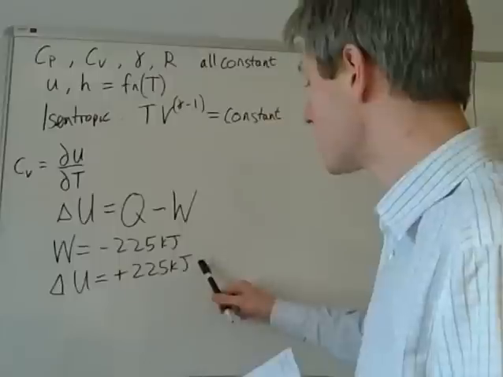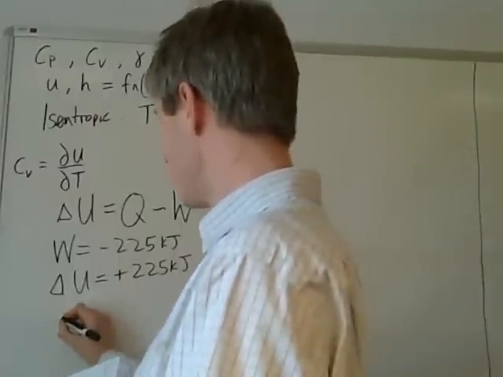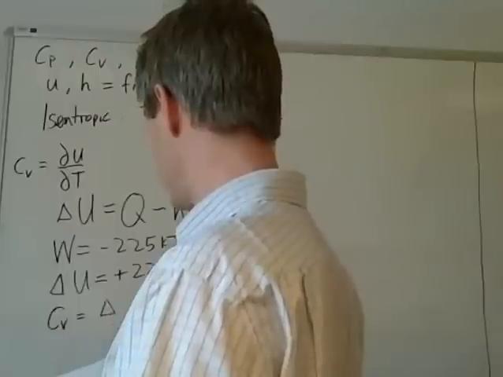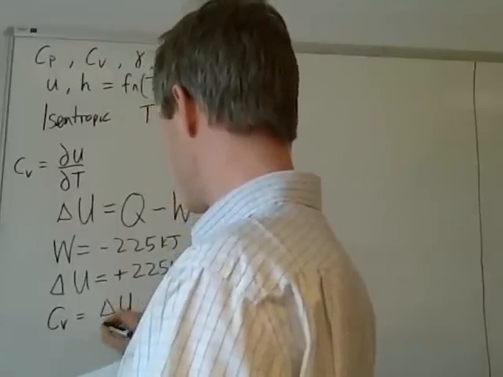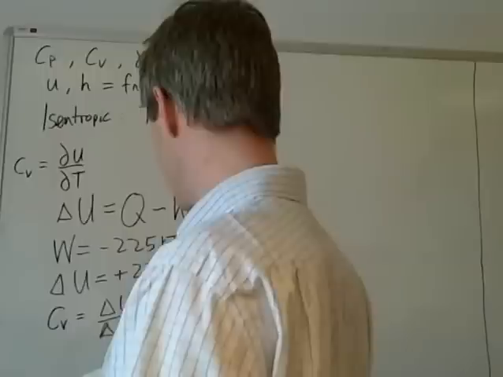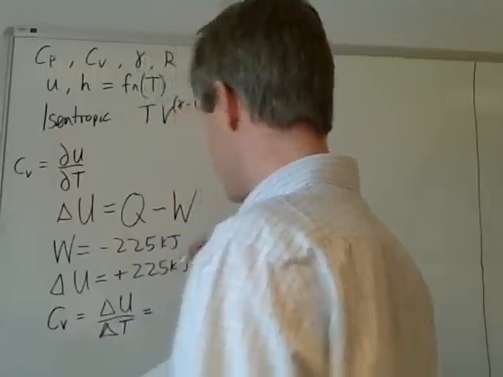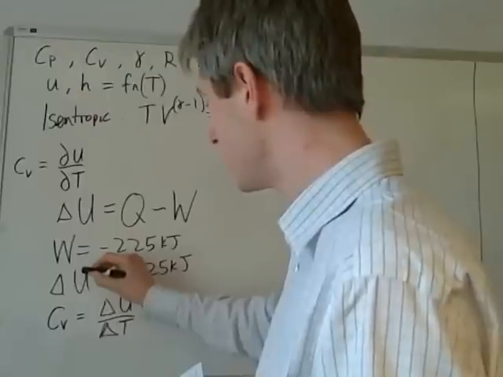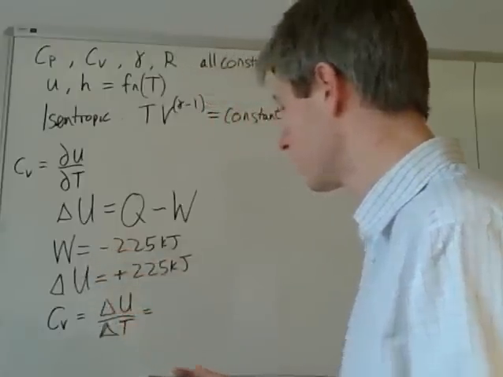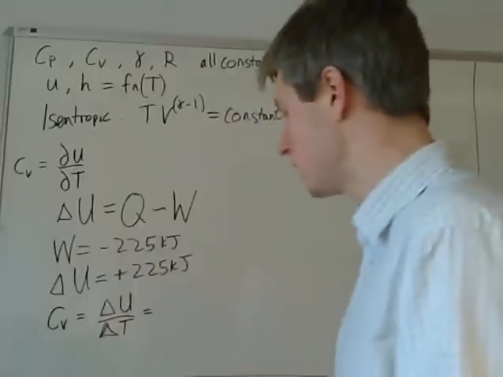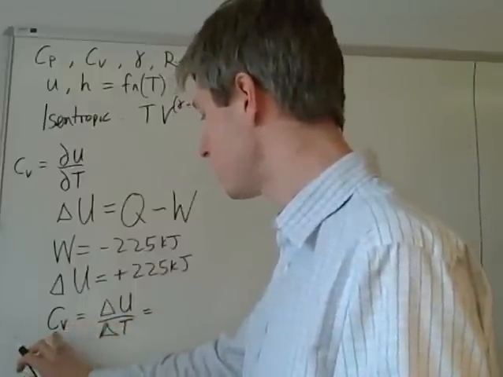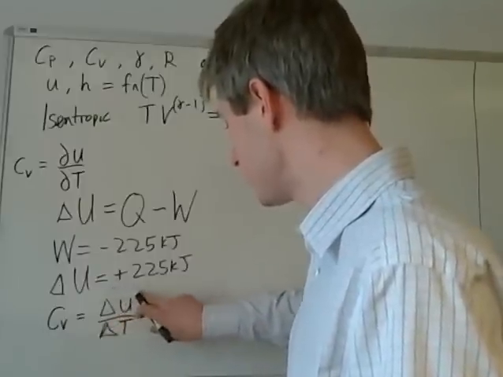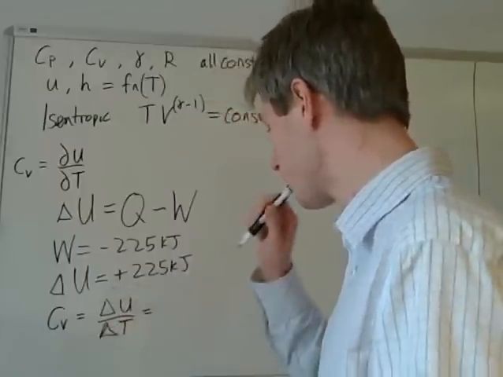Now, since we know what delta U is, we can calculate what Cv is. It's equal to delta u over delta T. Here we need to be a bit careful. This is a big U for the change in internal energy. If we want a specific heat capacity, this is per kilo, so this needs to be the specific internal energy, the small u.